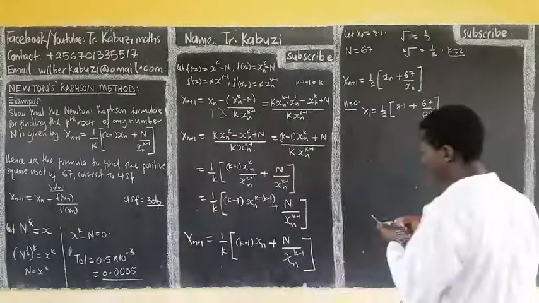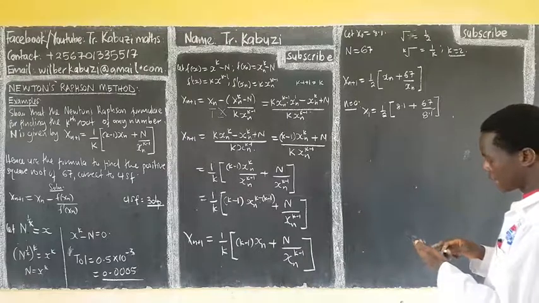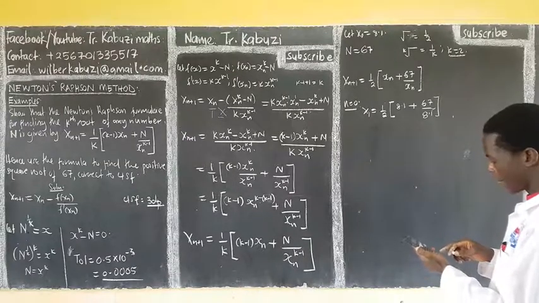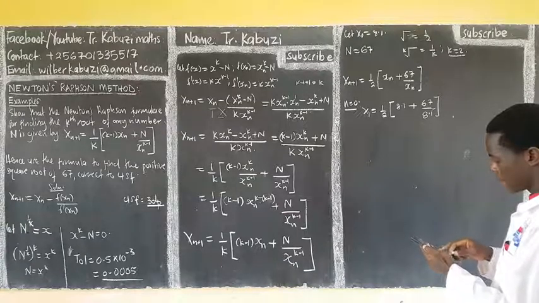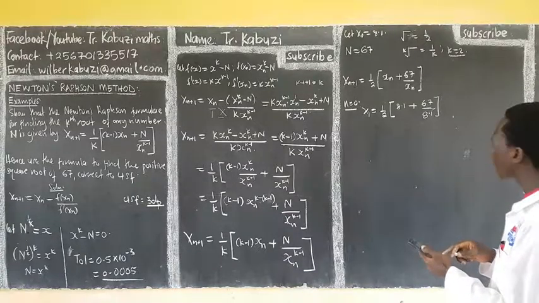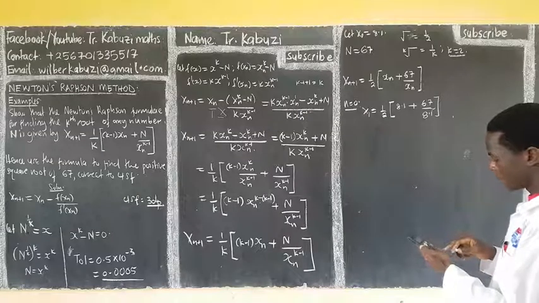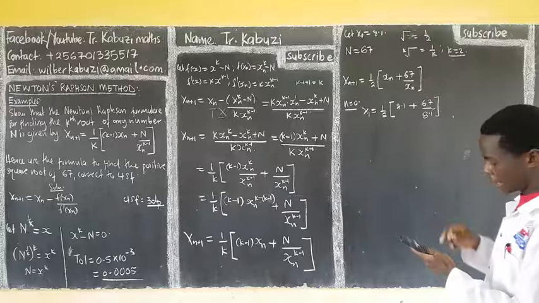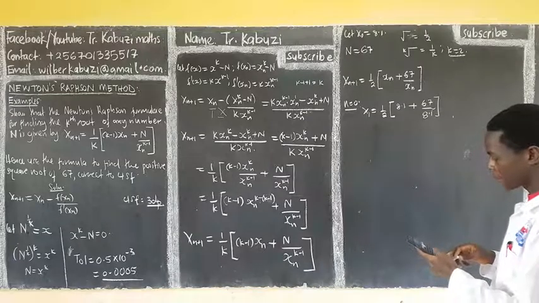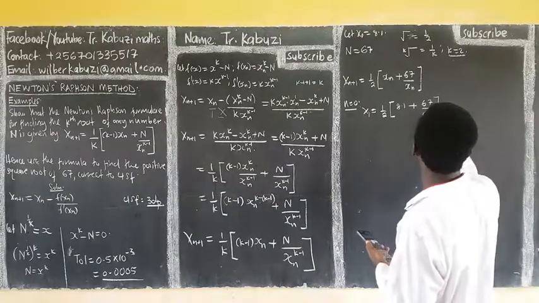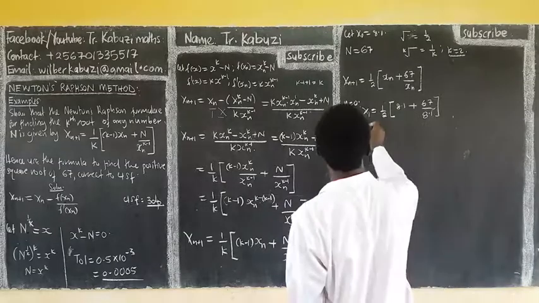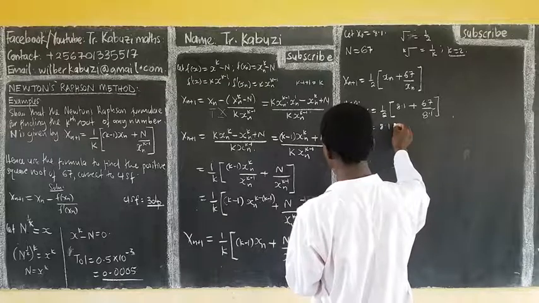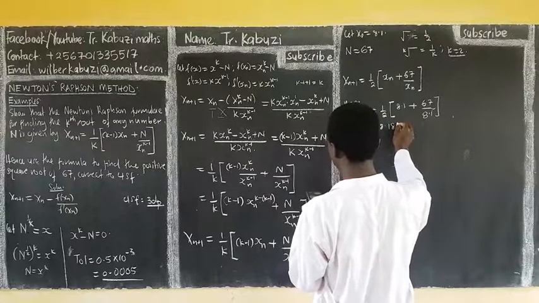Now, putting this onto a calculator, I told you how you can put that. When we put 8.1, I'm getting x1 as 8.1858, giving 4 decimal places.